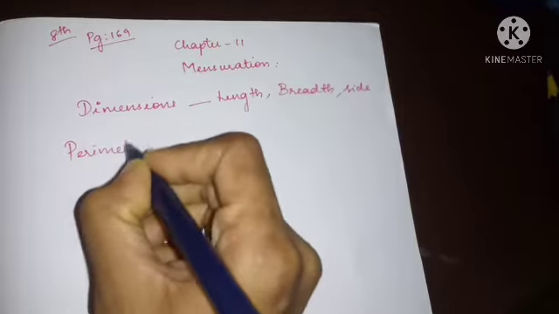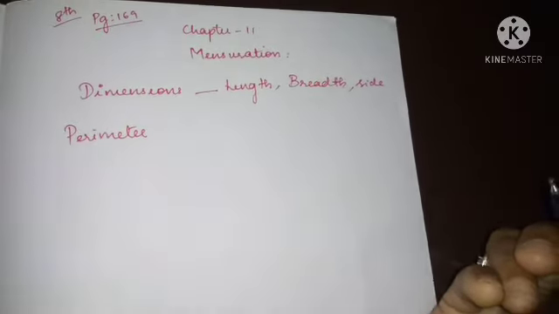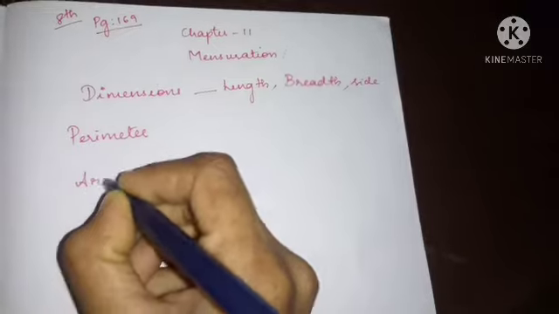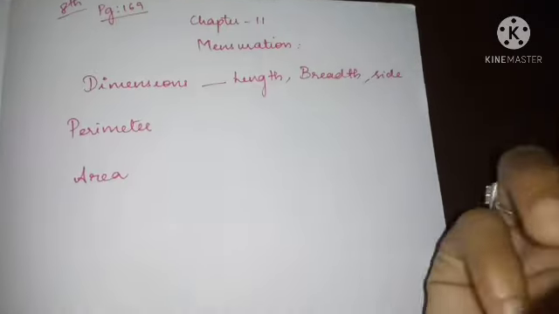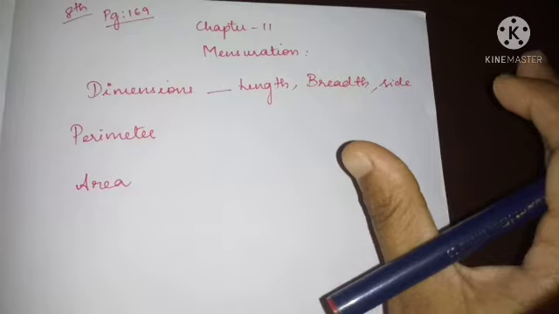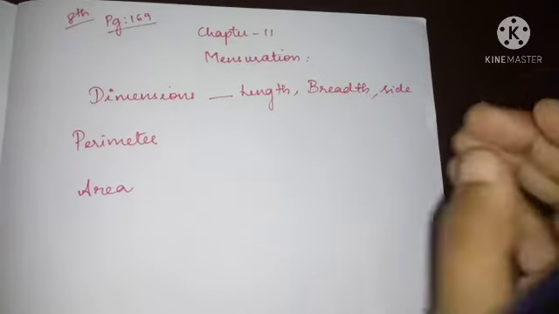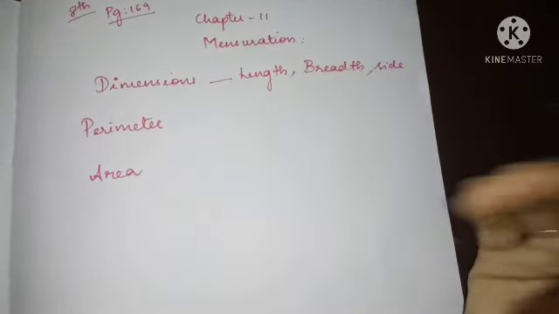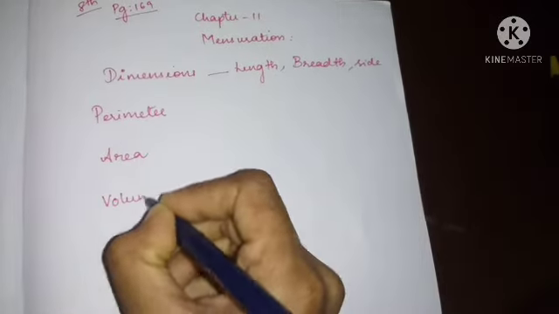First one, it is perimeter. Next, it is area. Only perimeter and area you have learnt in your previous classes. The next thing which you will learn from this chapter is volume.